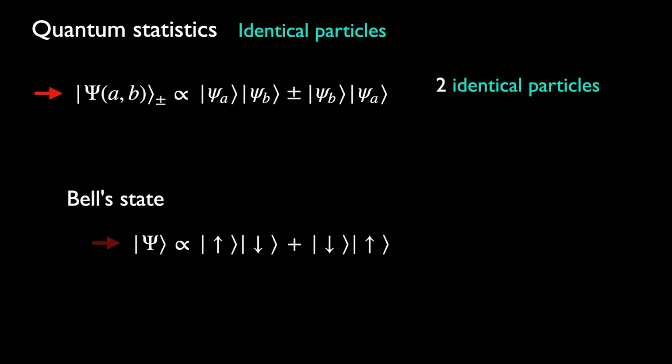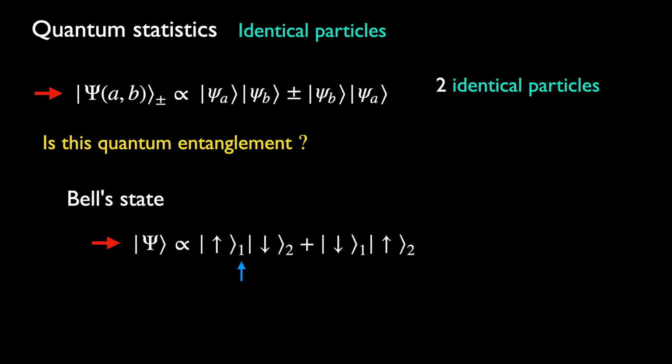Note that the two particles in this state are also identical particles. Similar to our state above, at first glance they look like the same type of states. So is this quantum entanglement? Are all the states of a pair of identical particles automatically entangled? Actually, there's more to the Bell state than meets the eye.